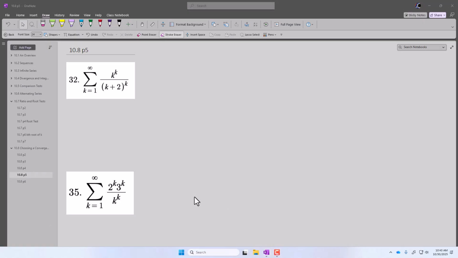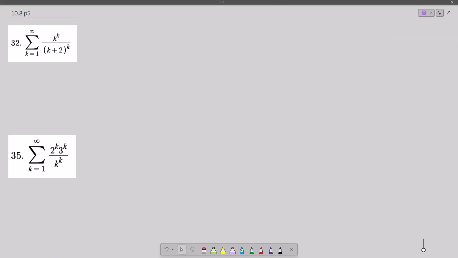So we have these two series to analyze. And when we look here, there is certainly a power of k that you could pop to the outside. So let's rewrite both of them with that in mind first, so that there's just a single power of k on the outside.